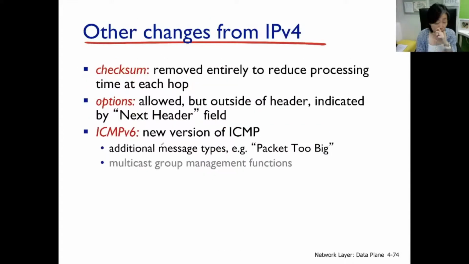Now, there are some more fields we remove, not just the fragmentation fields. The header checksum in the IPv4 header is removed because calculating the checksum takes time, and checking the checksum also takes time. So let's try to reduce the forwarding processing time as much as we can, and remove the checksum part. We take the risk of some bits in the header being flipped.